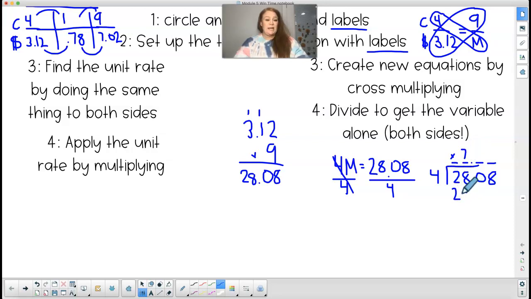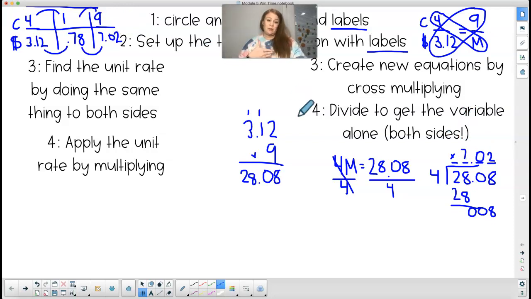Nothing left over. Bringing down my 0, it can't go into 0. So I bring down my 8, and it goes into 8 2 times. So for 9 cans, M equals 7.02, which is what I had here.